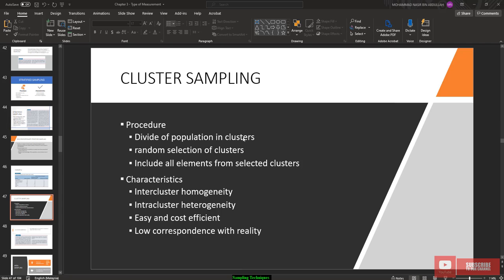The characteristic of cluster sampling is that inter-cluster has homogeneity, while intra-cluster has heterogeneity of characteristics. It is easy, cost efficient and a very simple method to deploy, right? Low correspondence with reality. So these are the characteristics.